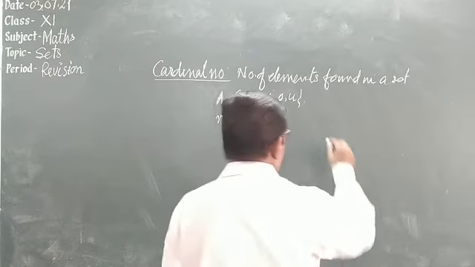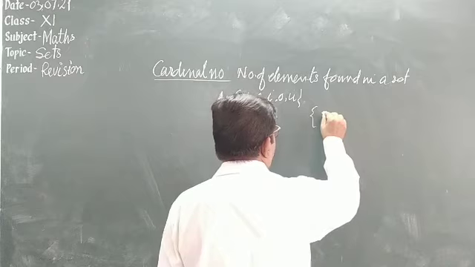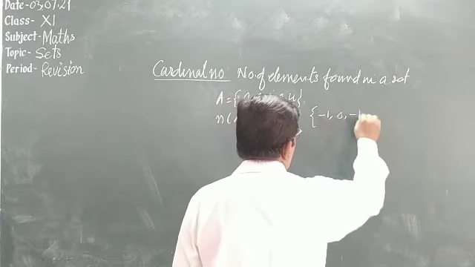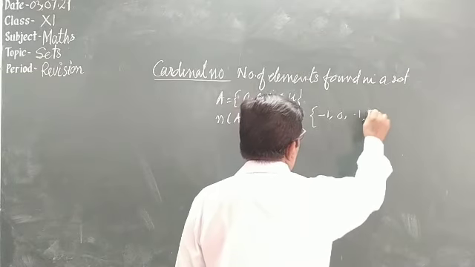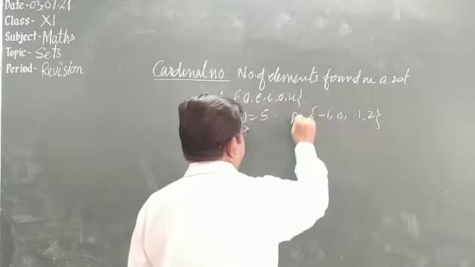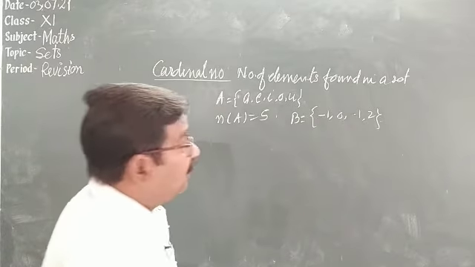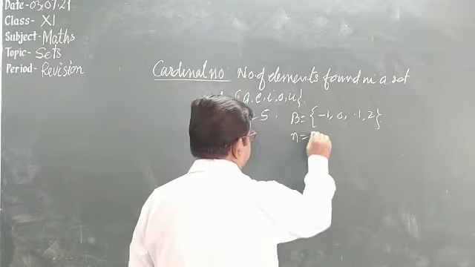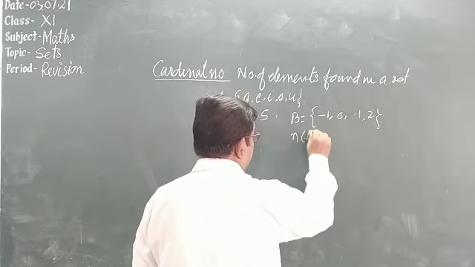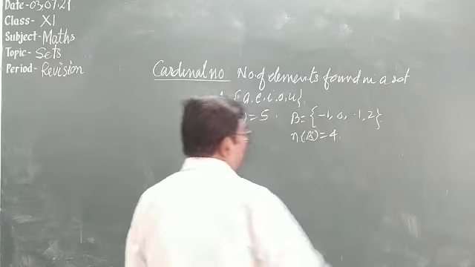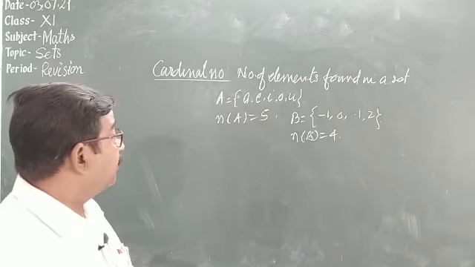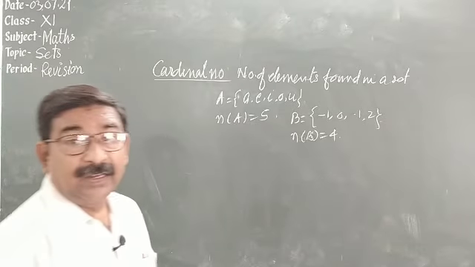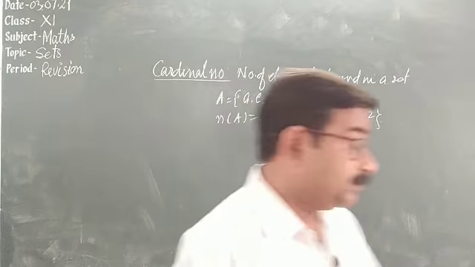Suppose we have -1, 0, 1 and 2. This is set B. How many elements are there? 4 elements. So we write n(B) is equal to 4. So the number of elements found in a set is called the cardinal number of a set.